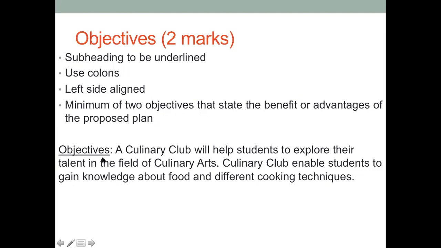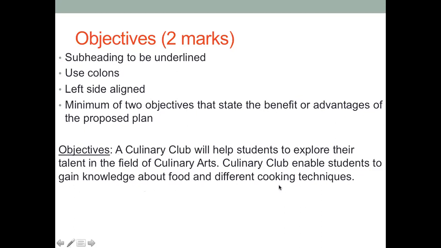So objectives, underline it, use a colon, and then start off by saying a culinary club will help students to explore their talent in the field of culinary arts. Culinary club will enable students to gain knowledge about food and different cooking techniques.